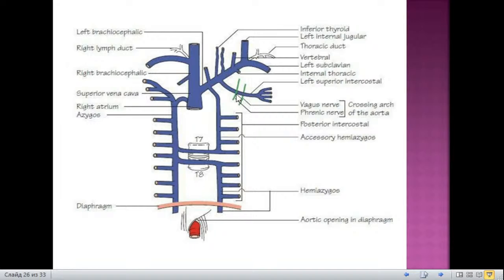So these veins, I mean azygous, hemiazygous and accessory hemiazygous, collect blood from the wall of the thoracic cavity with the help of posterior intercostal veins, and also they collect blood from the internal organs of the thoracic cavity.